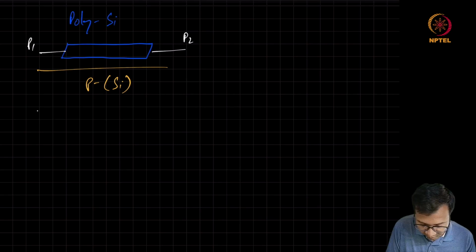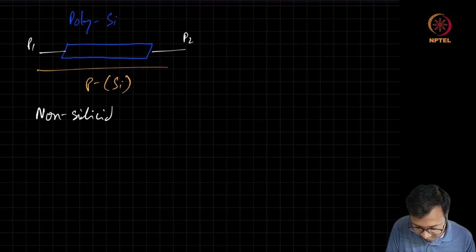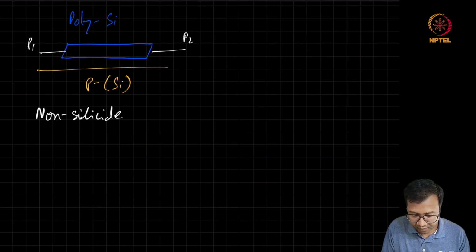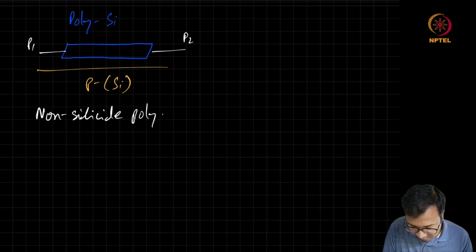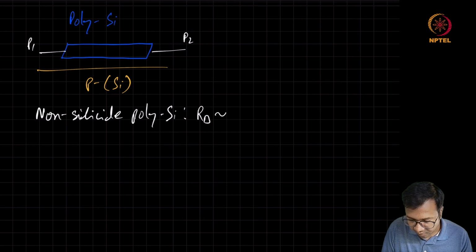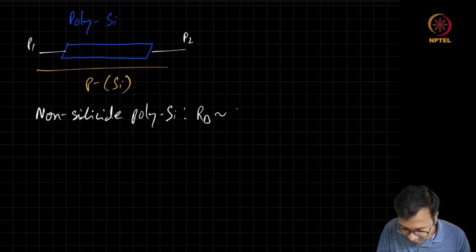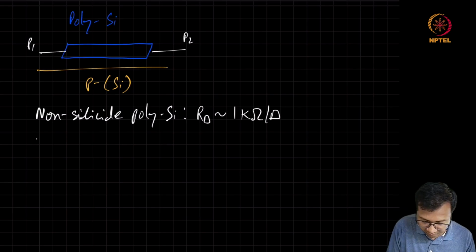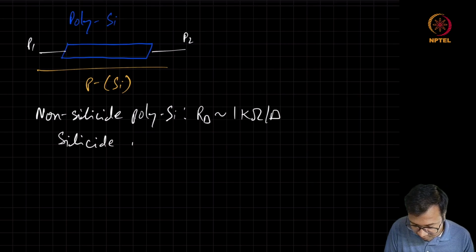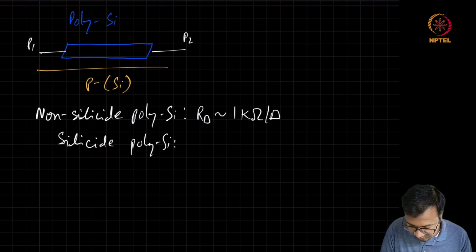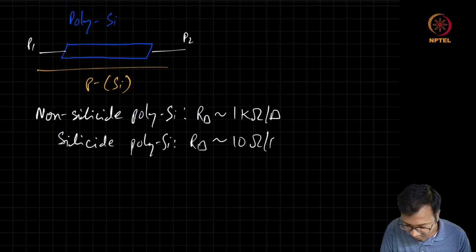If it is a regular polysilicon without silicide process, then the sheet resistance will be of the order of 1 kilo ohms per square. Whereas for silicided polysilicon, the sheet resistance will be of the order of 10 ohms per square.